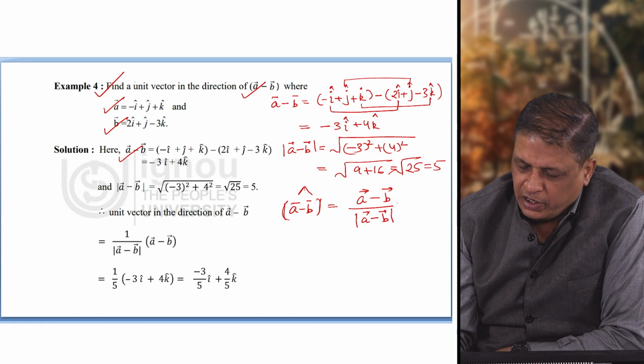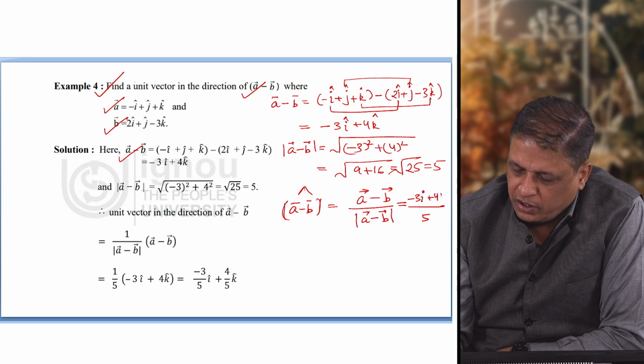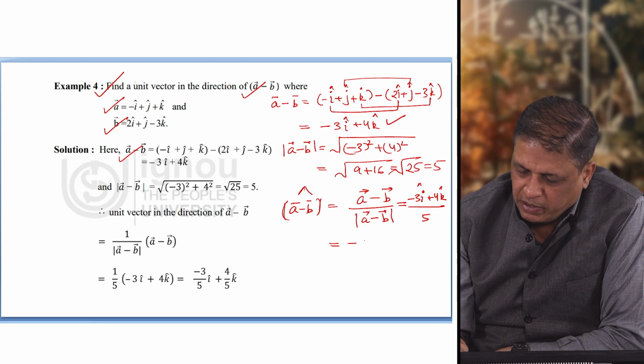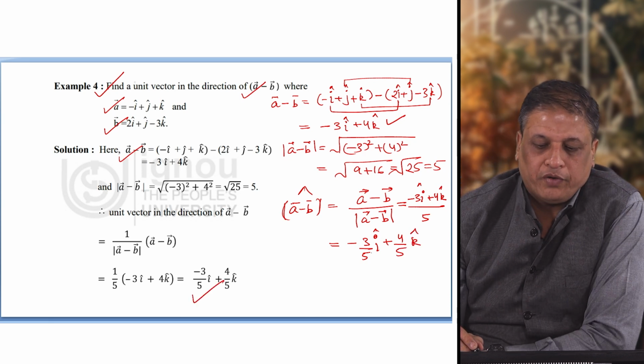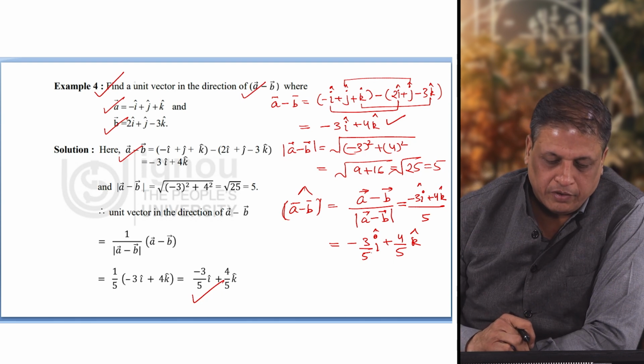The magnitude of A vector minus B vector is 5, and A vector minus B vector turned out to be minus 3i plus 4k, which is this value. So, splitting the term, it is minus 3 by 5 i plus 4 by 5 k. This is the unit vector in the direction of A vector minus B vector, where A vector and B vector are given to you.